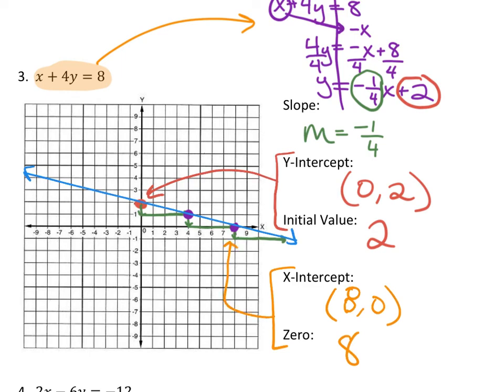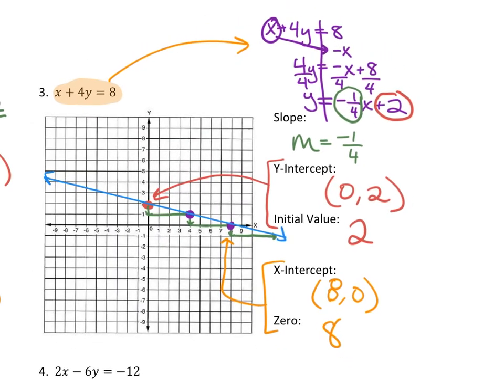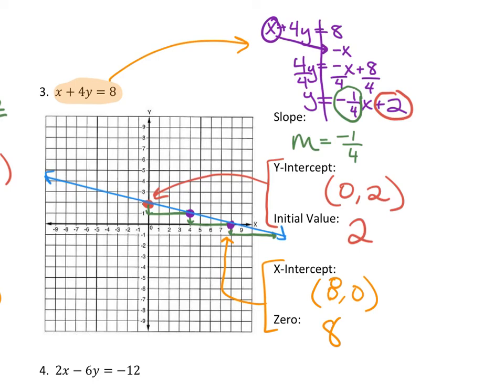Boom, right there. This is awesome. Even though when we started this problem it was not written in slope-intercept form, we can go ahead and solve the equation for y, just like we learned before, and continue graphing appropriately, starting with the b and moving with the m.